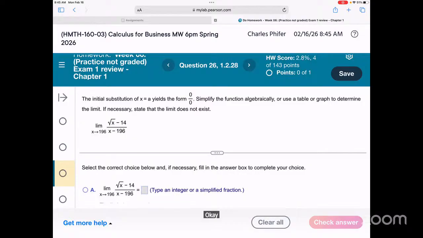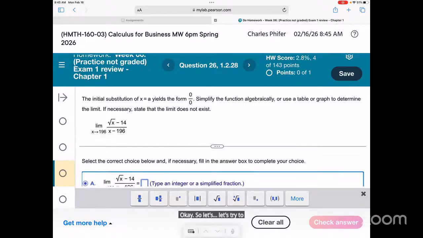Okay, so let's try to take some notes here. If we multiply the top by the conjugate, will that help us? We could also do the denominator as a difference of squares. We get the square root of x squared, and I think it's 14 squared. So then we should get the square root of x plus or minus 14.